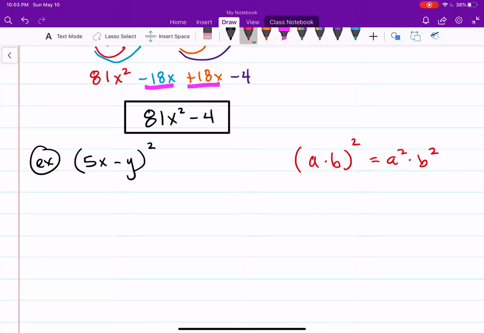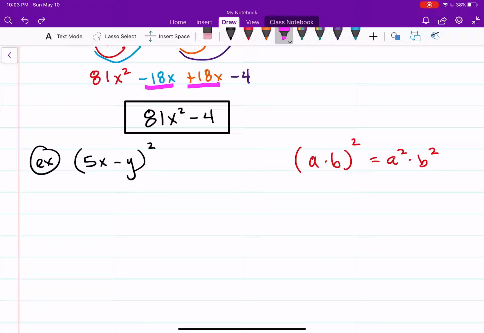So people typically mistake these two properties here. However, remember that this is a multiplication while this is a subtraction. It does work for multiplication, but it does not work for subtraction, okay, or addition. Only for multiplying and dividing.